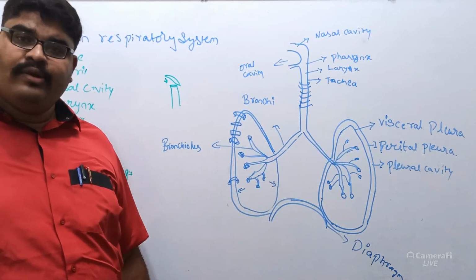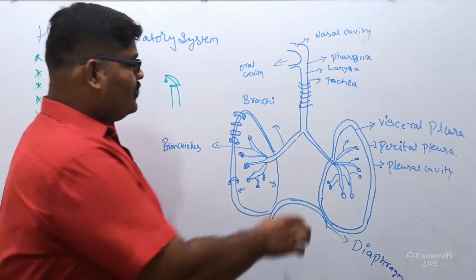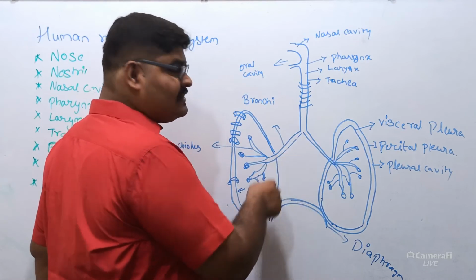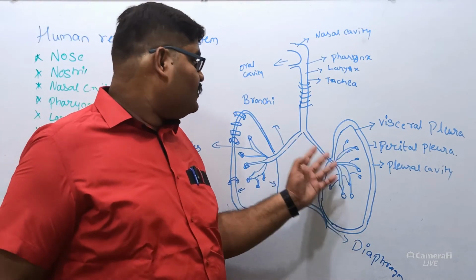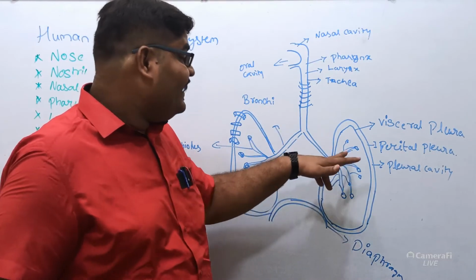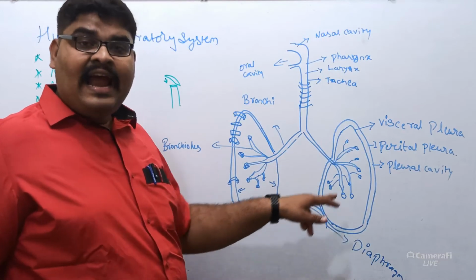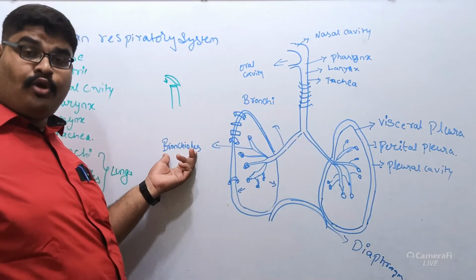Bronchi is the plural and bronchus is the singular. These bronchi are going to once again branch within the lungs, and those branches of bronchi are called bronchioles.